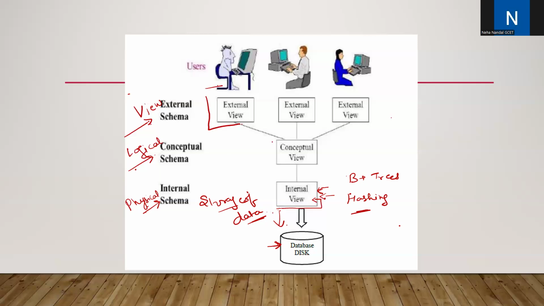Okay, so our next level is the conceptual level, which is also called the logical level. Here, the information which is actually stored in the database in the form of relations, in the form of tables, will be stored. At this level, the information available to the user at the view level will be unknown.